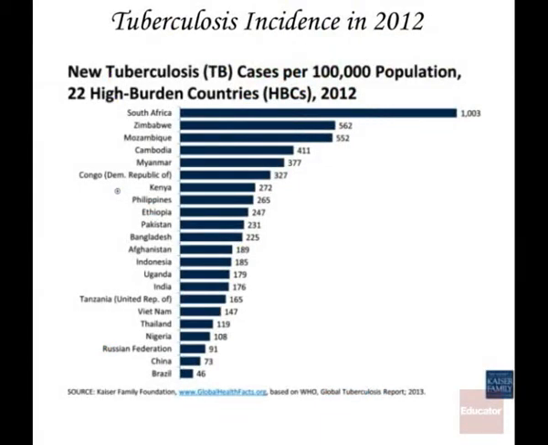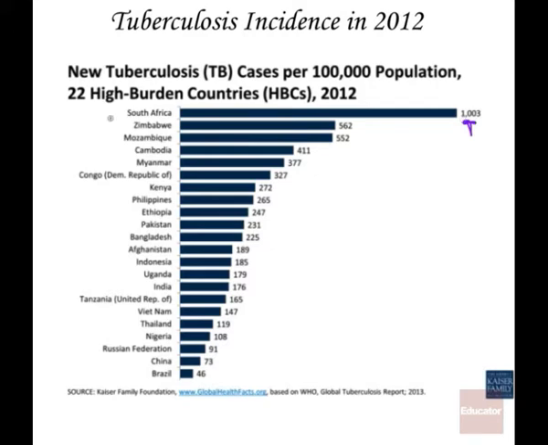So in terms of worldwide incidence, these are the countries that are called high burden countries, whose new tuberculosis cases are much higher than other parts of the world. So you can see here that South Africa actually has the highest number of new cases per 100,000 population than any other country on earth.